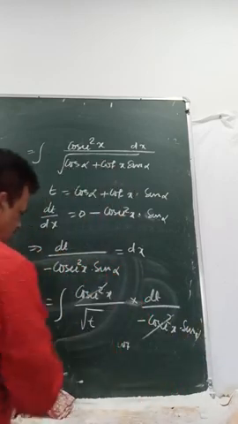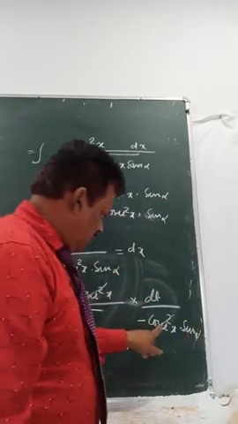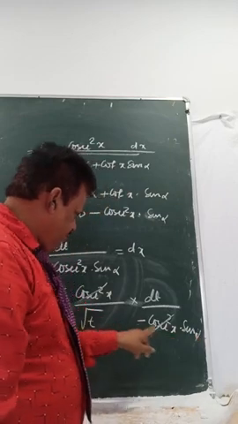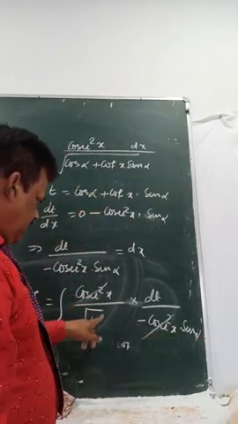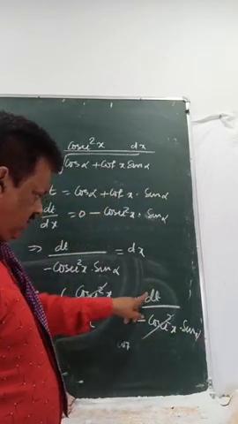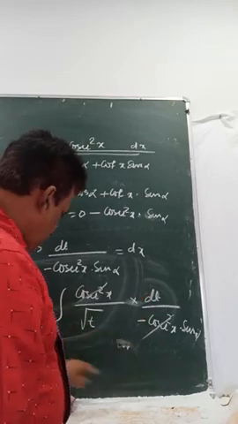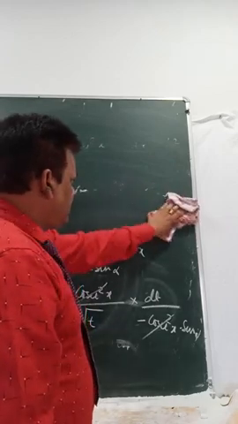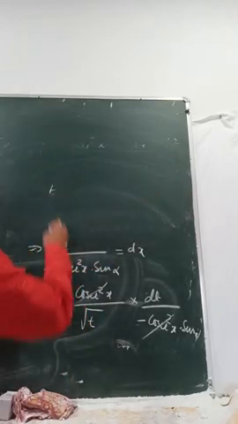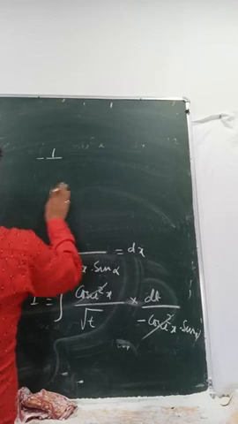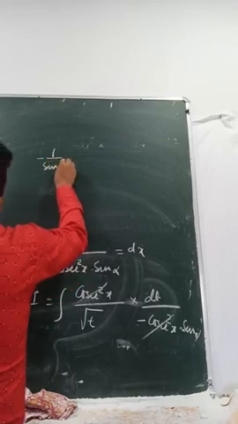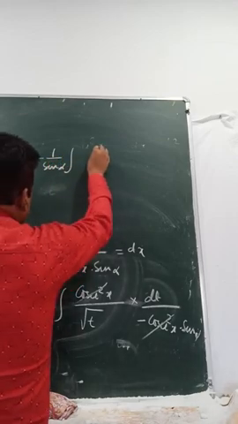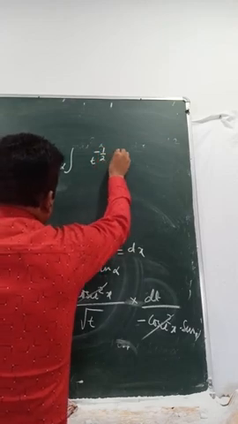This is cancelled. Now minus 1 by sin alpha is constant, because you are integrating with respect to t now, so you can take it outside the integration. Minus 1 by sin alpha, integral of t to the power minus half dt.